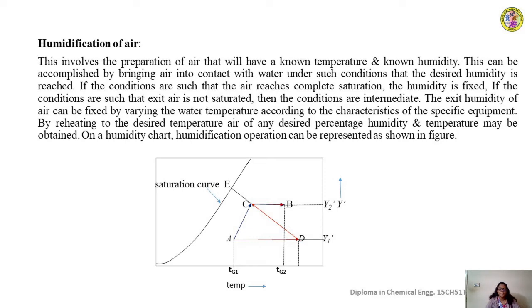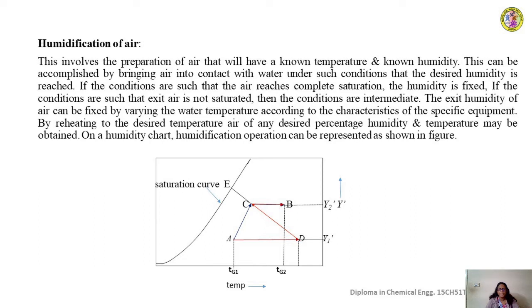In this method, first the mixture represented by the desirable temperature T1 and humidity Y1 dash is heated to a certain high temperature, from where it can be adiabatically cooled to attain the required humidity. So the initial heating is indicated by the line AD.